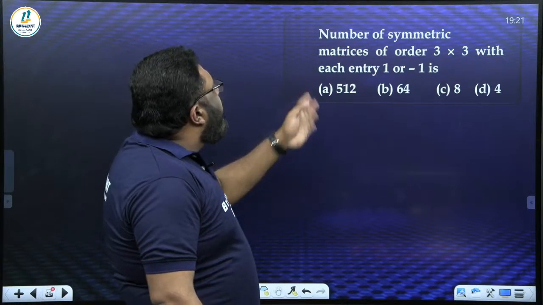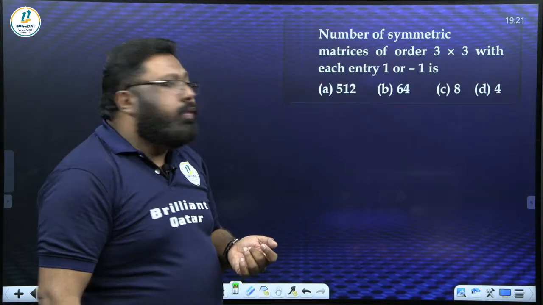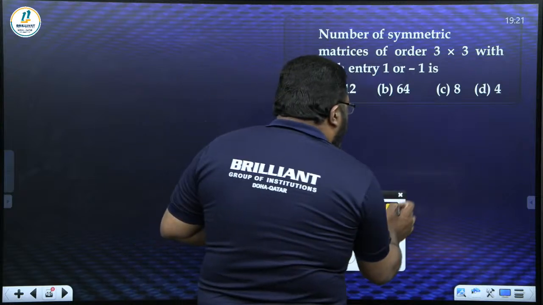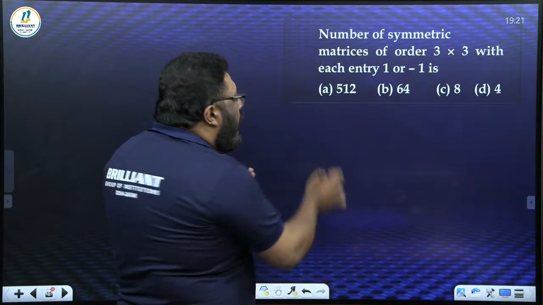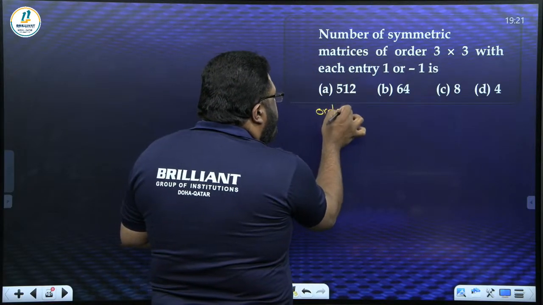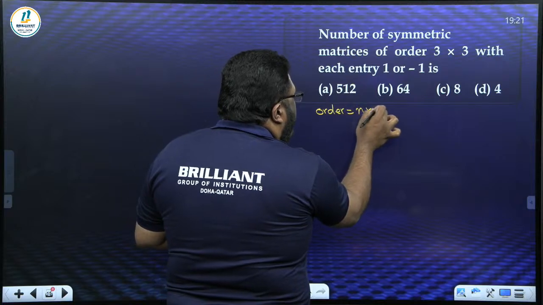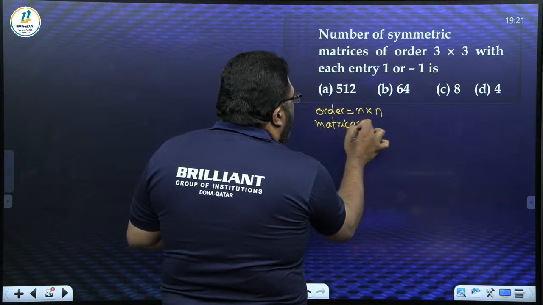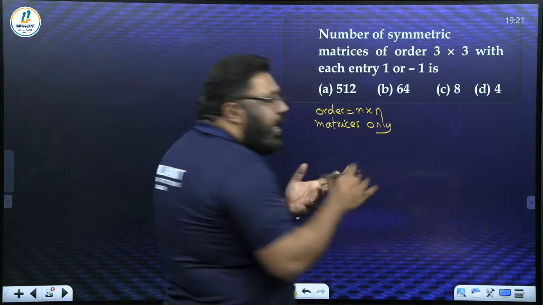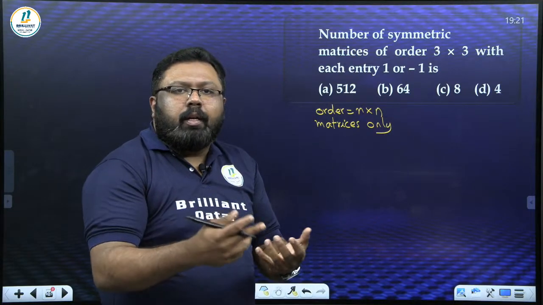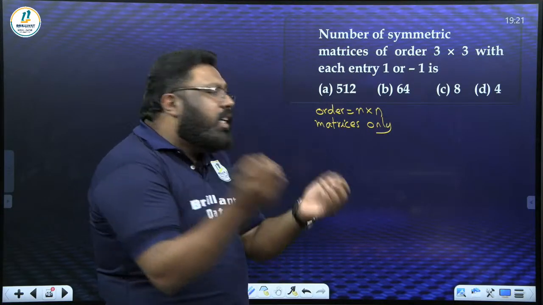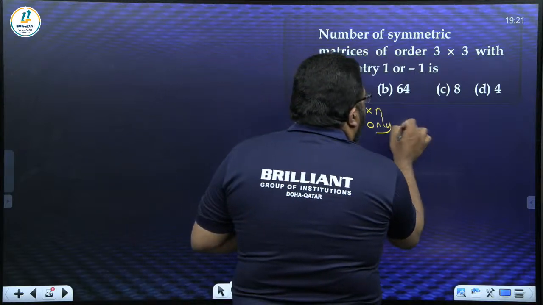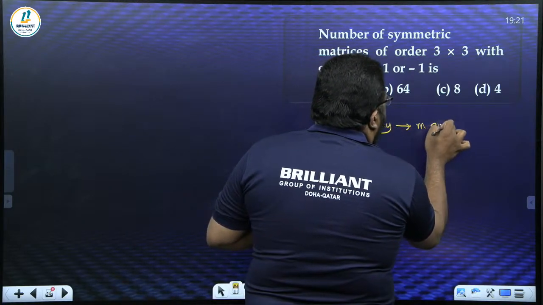Yes, number of symmetric matrices of order 3 by 3. See, normally we learn questions where order is there, which is n by n, and the matrix allows only, say, 3 entries, 4 entries or 5 entries, only m entries.